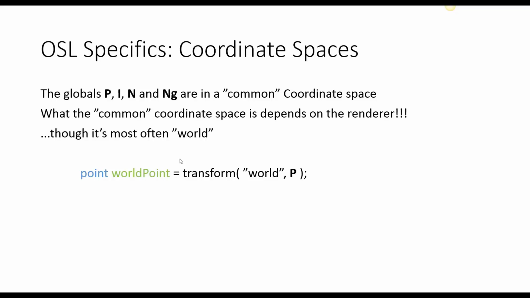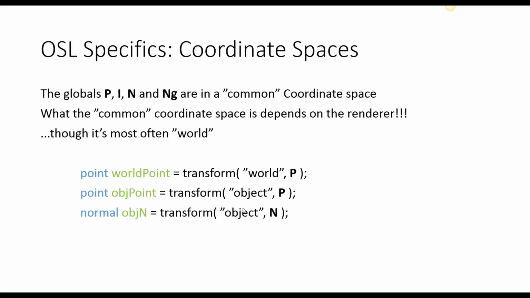But it's technically safer to write your code like this, because if your code ever ends up in a renderer where P is in some other coordinate space, this will then be in world space. But in Max, you technically don't need this. If you want the point in object space, though, you absolutely need to write this, because P was in world space, and this line, transform object within quotes, will convert it into object space.